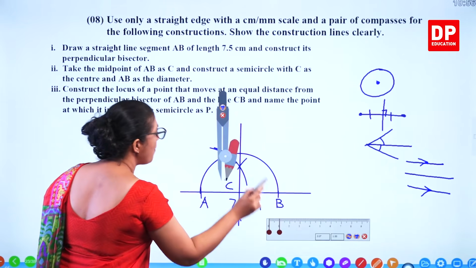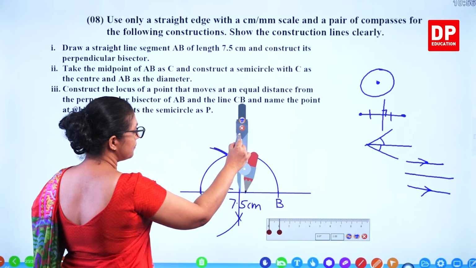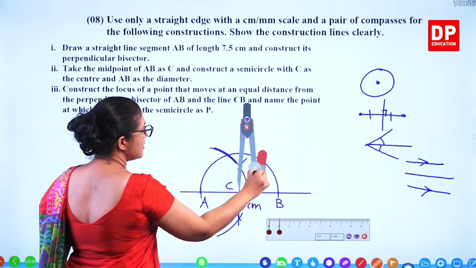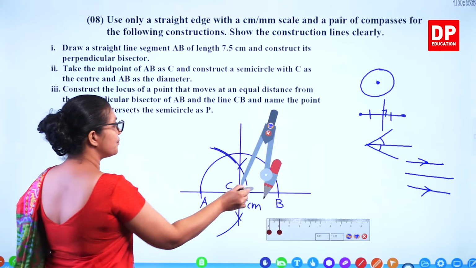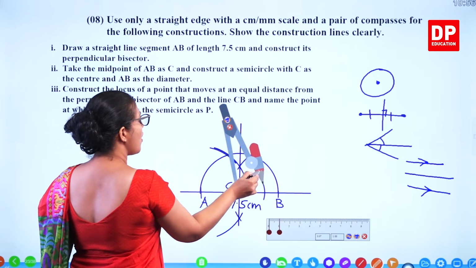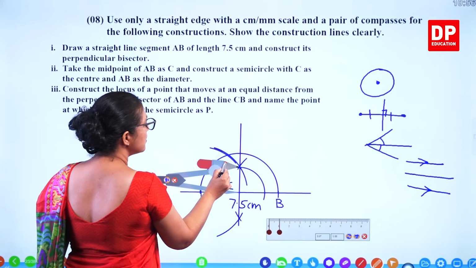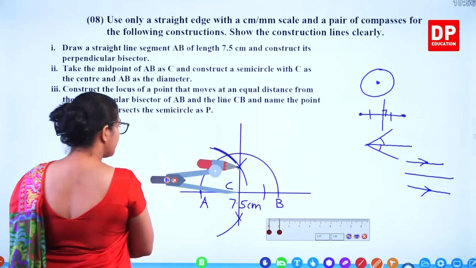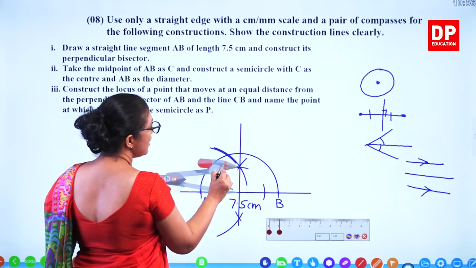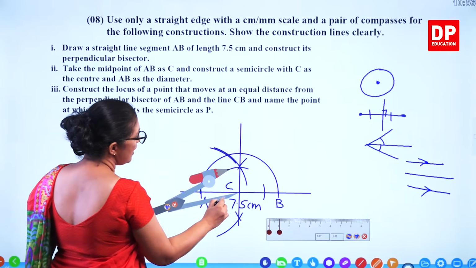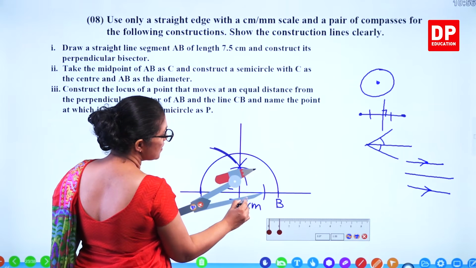So take the compass and you need to bisect this angle. So here, draw an arc. And draw another arc here. And keep the compass here.